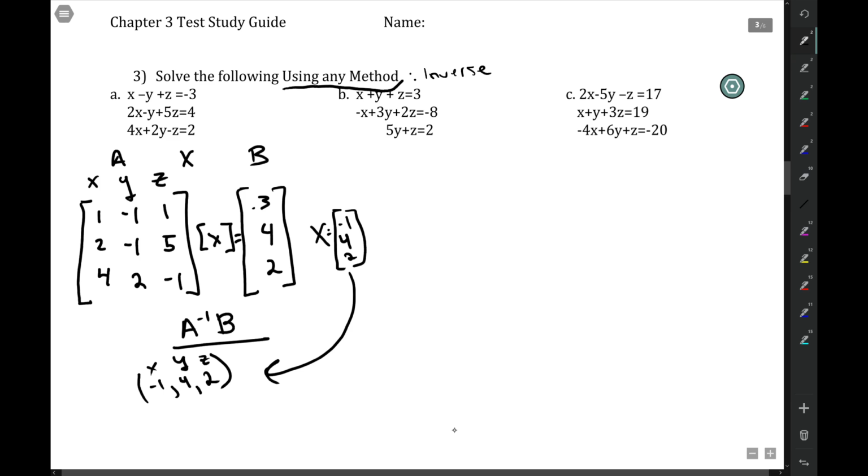A little more work for B, but same idea. So 3 matrices, 2 matrices really. But you need to be careful. We do not have x in this first column. So really your matrix is going to be 1, -1, and 0, followed by 1, 3, and 5, and lastly, 1, 2, and 1.